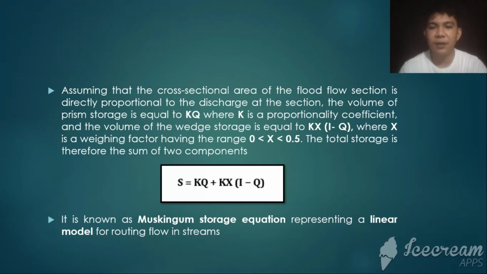So the total storage is therefore the sum of two components. S is equal to KQ plus Kx times (I minus Q). It is known as the Muskingum storage equation, representing the linear model for routing flow in streams.